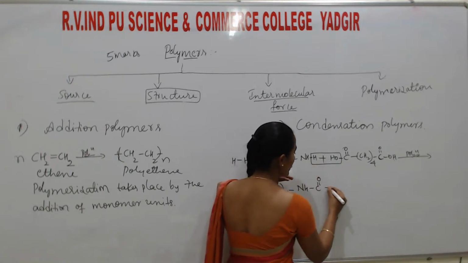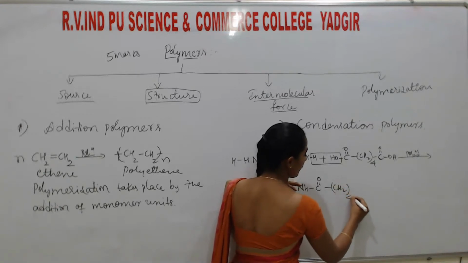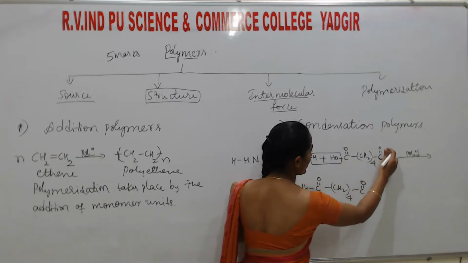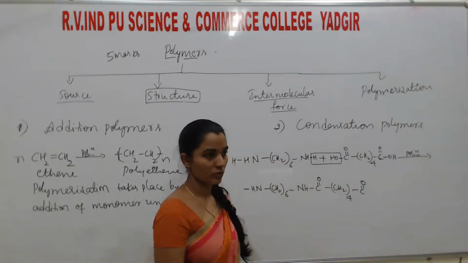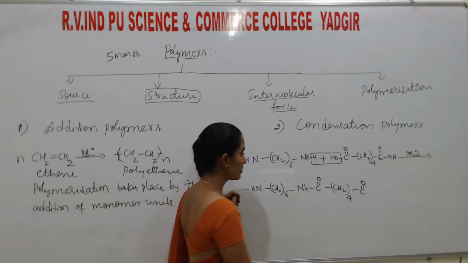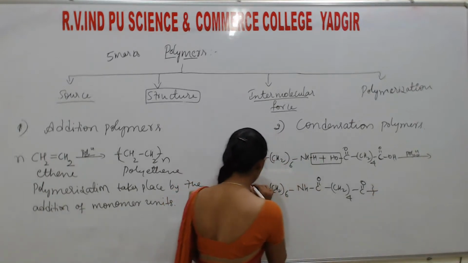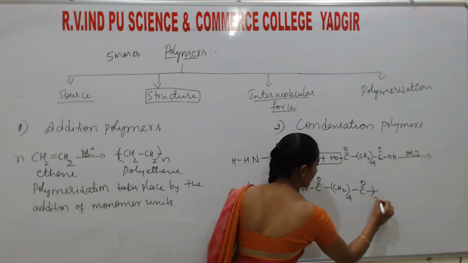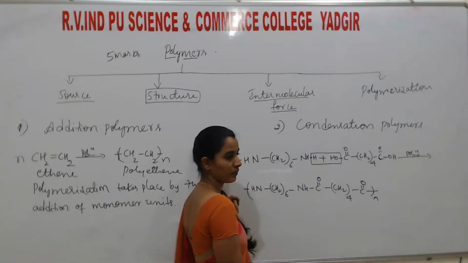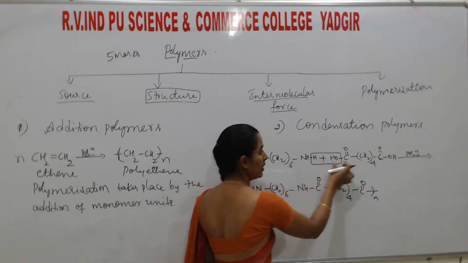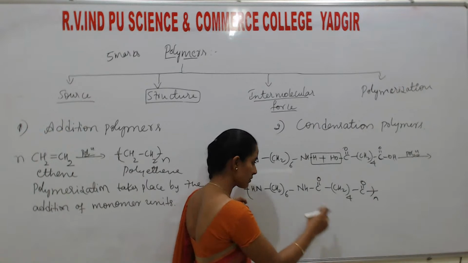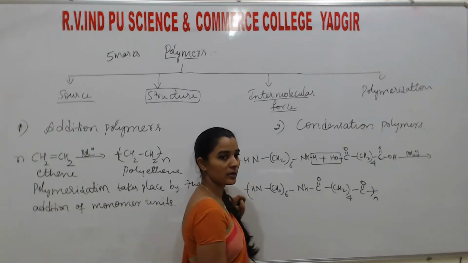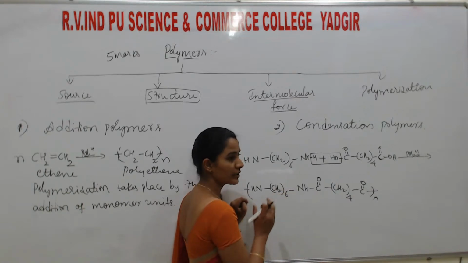Next, CH2 4 times, then only C double bond O, because this OH is removed by the hydrogen of the nitrogen of another amine. So this will continue. This is a partial structure of a polymer. This one is hexamethylene diamine, this one is adipic acid, and this is nylon 6,6. Understand? This is called a condensation polymer.